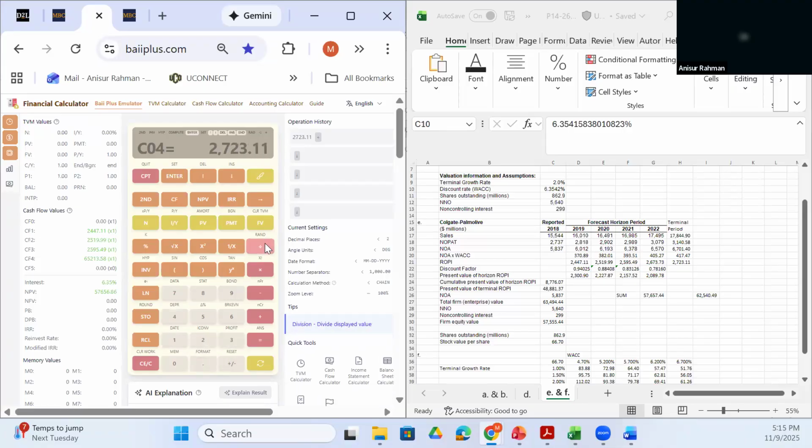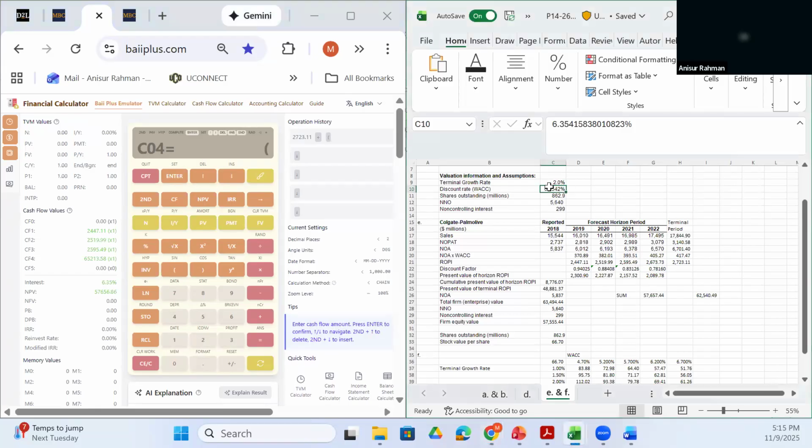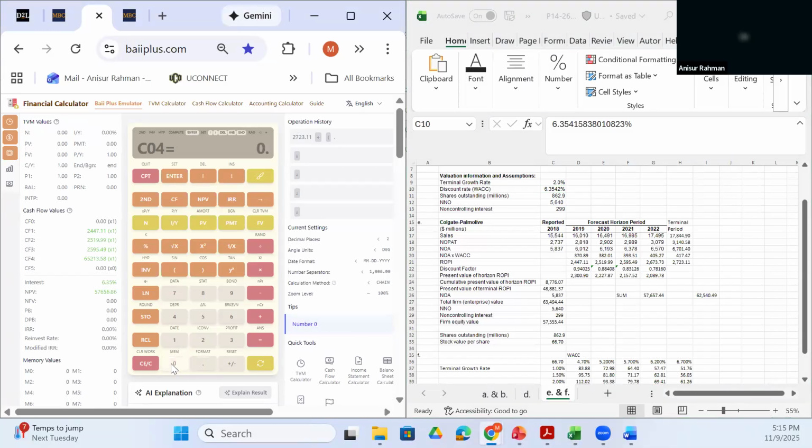2723.11 divided by open parenthesis. Now previously we used 6.35%. Now I'm going to use 6.3542%. So 0.063542 minus 0.02, close parenthesis, enter, equal.